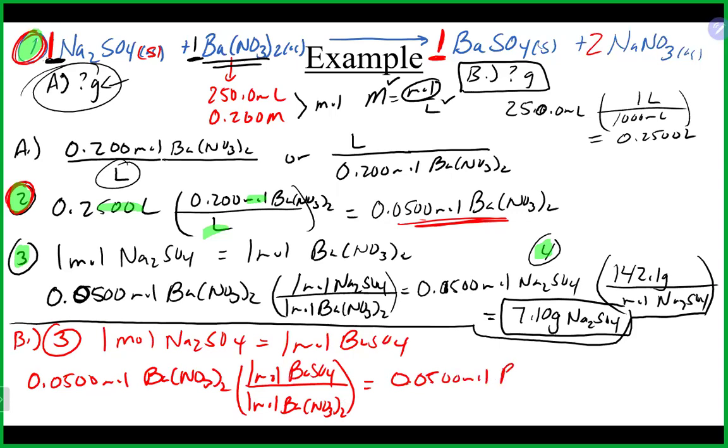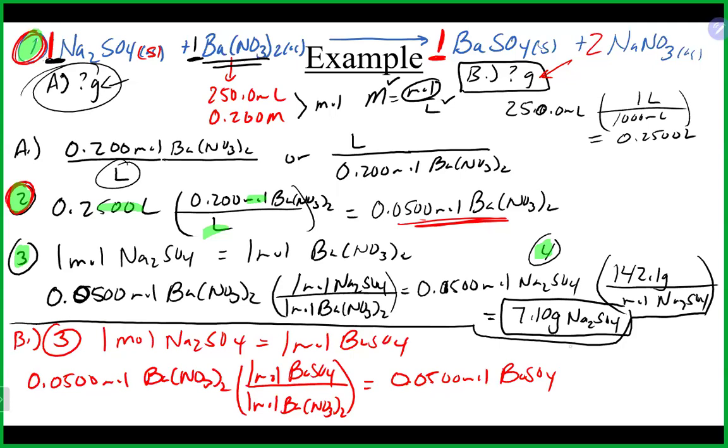moles of barium sulfate. Again, we are looking for grams, so we do have to do that last step there and convert from moles. And let's see here. Barium is 137.3, I think, something like that. 137.3. There's a sulfur, 32.07, and for barium sulfate, 4 oxygens, which is 16.